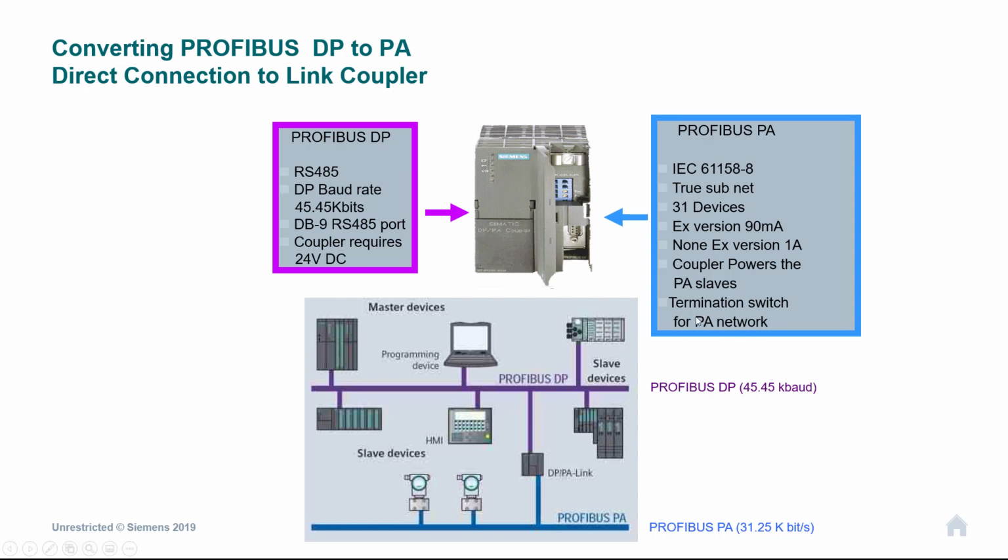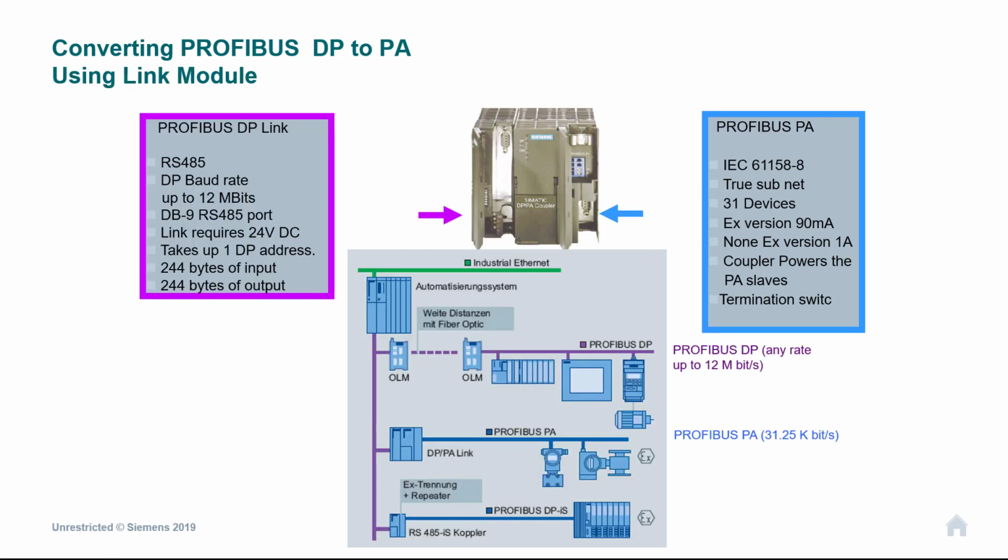We still have to terminate this PA network, which we're going to come on to. So this way is okay. It's the lowest cost way to get on, but it could cause you issues as you go further on in time and you want to add more devices to your site. So really, the more flexible way to go is to have something called a DP PA link coupler.